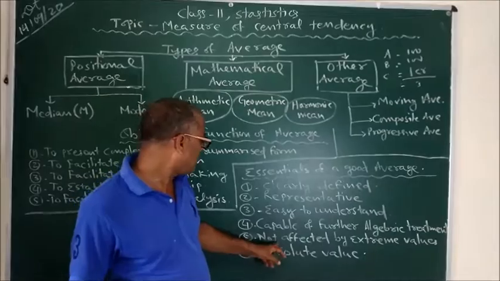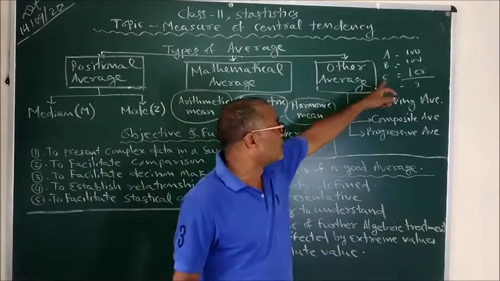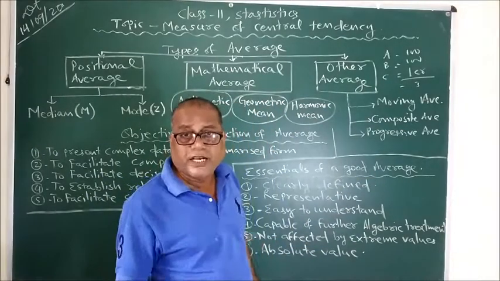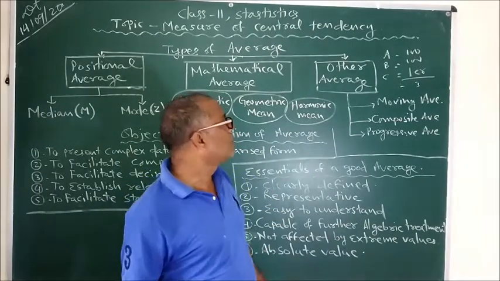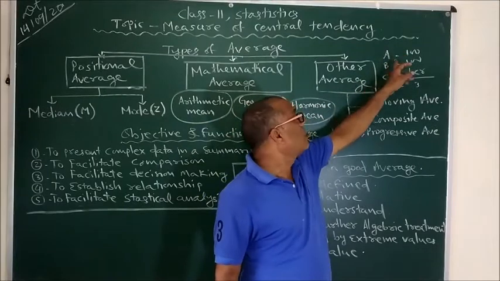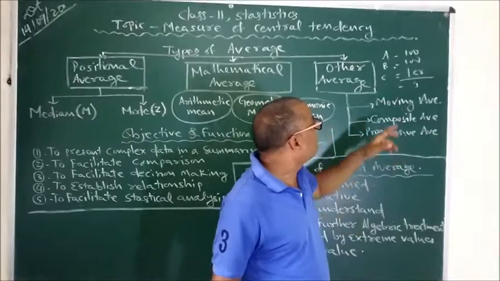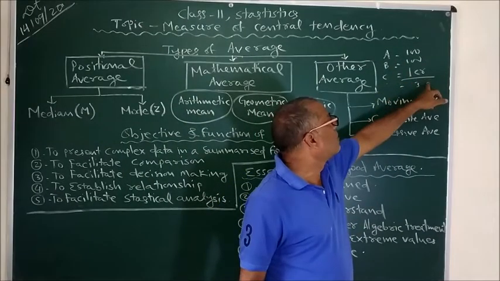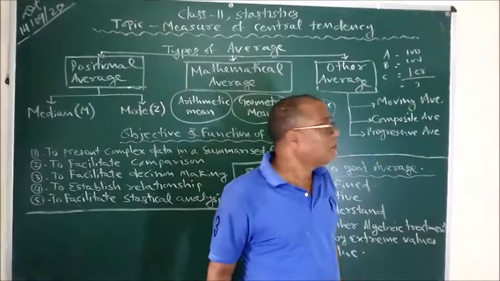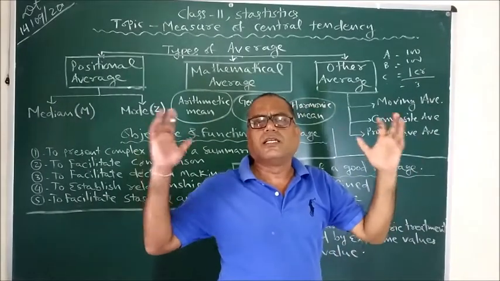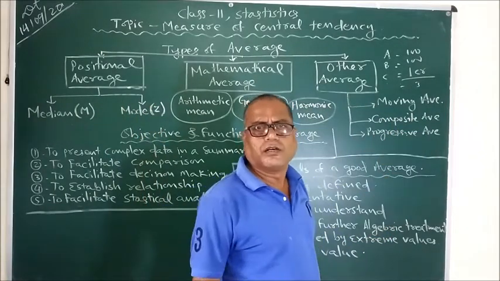The fifth point being not affected by extreme values. A good average must not be affected by extreme values. Here we found the average income of 3 people, A, B and C. The sum being 1 crore and 200 rupees divided by 3 would result in a very huge number.